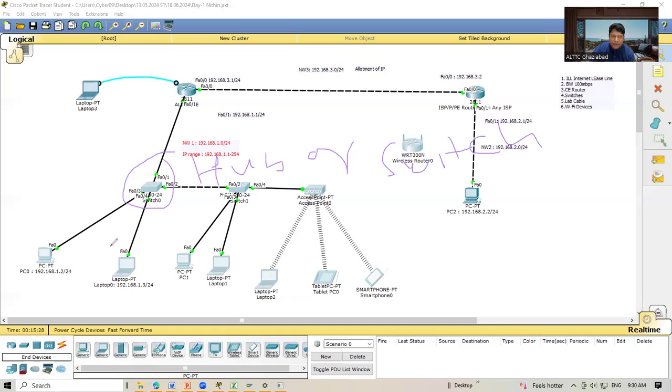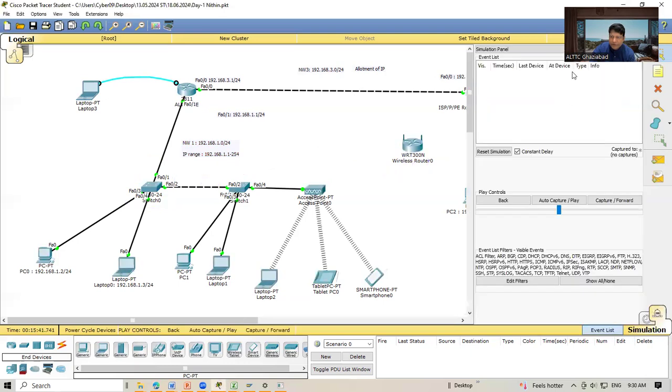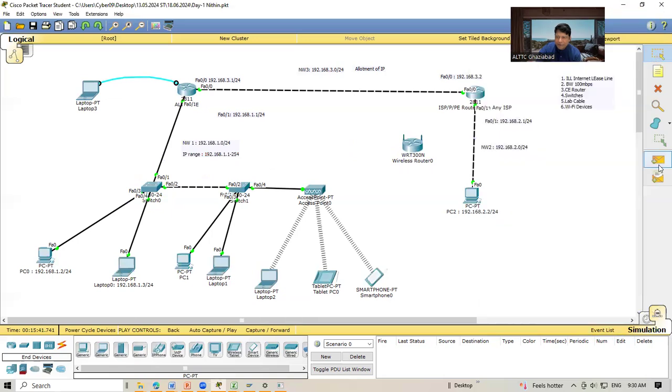Okay. Suppose I am sending one letter for communication, sending this packet from here to this laptop. What happens in this case? This is the first-time movement. So this switch or hub is not aware of where this laptop is. So they send it to every location.